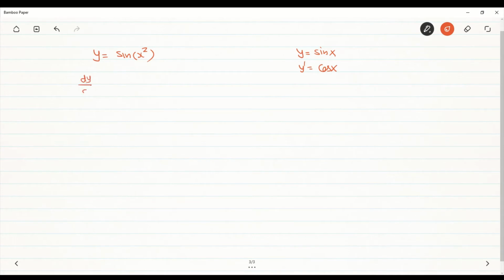It is dy by dx. I will say derivative of the outer shell, so it is the derivative of the outer part multiplied by the derivative of the inner part.